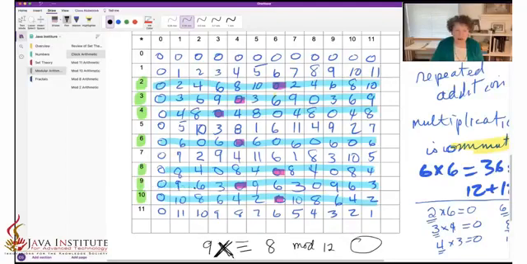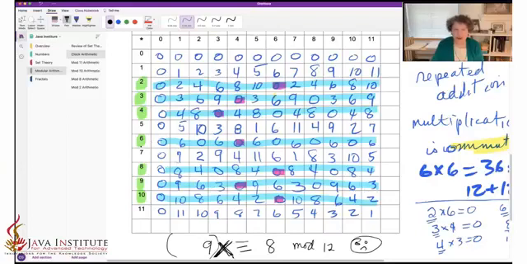Because look here. There's a couple reasons. 9 times something. 9 times 1, 2, 3, 4. You're never going to get 8 in the 9 row. But it's also because there's not a 1 there.